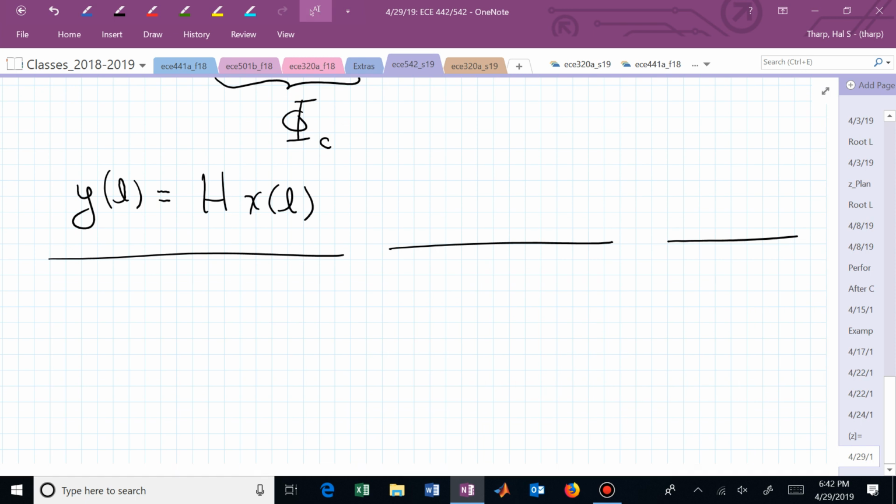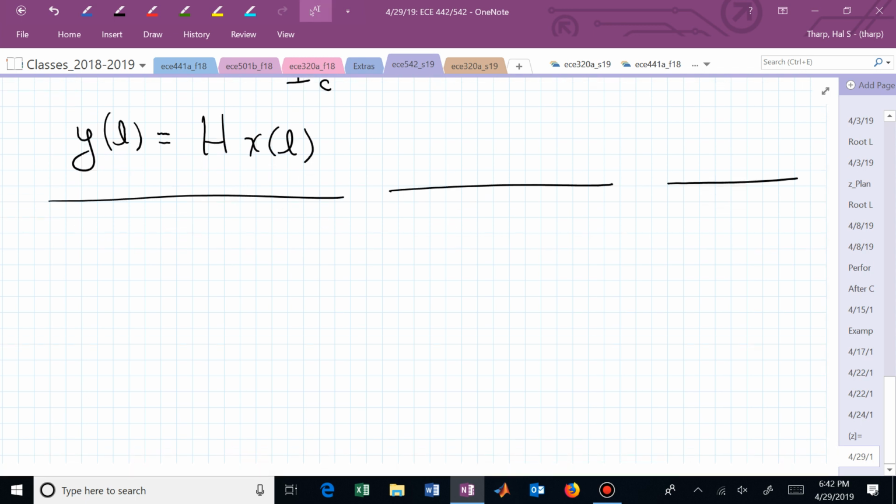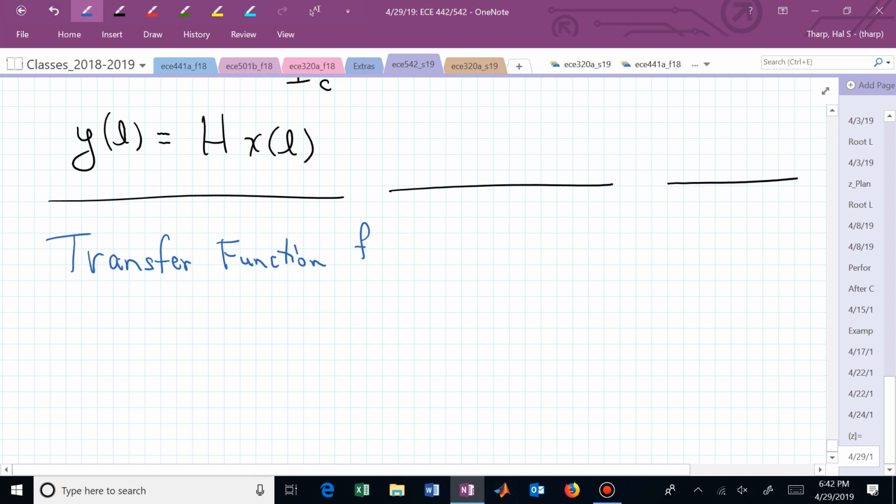I'm telling you where we're going, and that's what n sub 1 is doing in this design strategy. Let's now find the transfer function from the reference input in the frequency domain, since we're talking transfer function, which will now be capital R of Z to capital Y of Z.